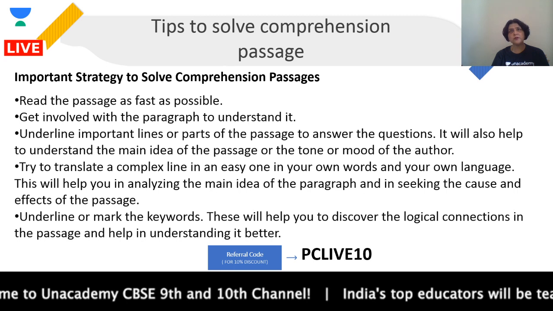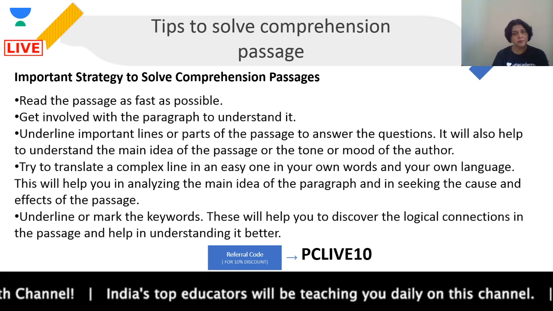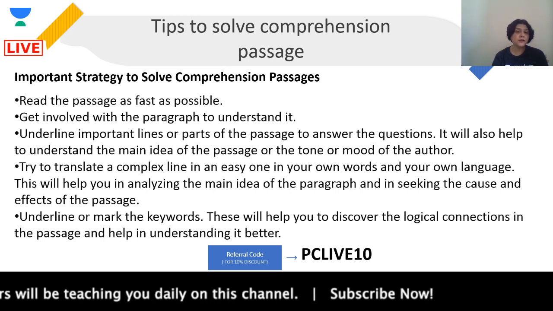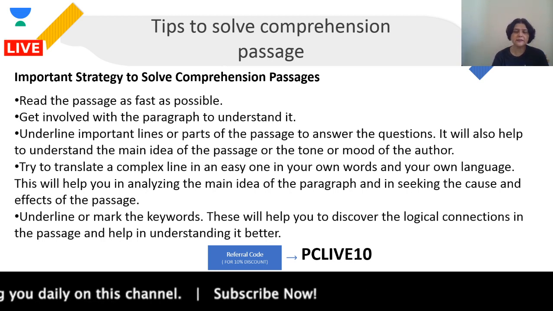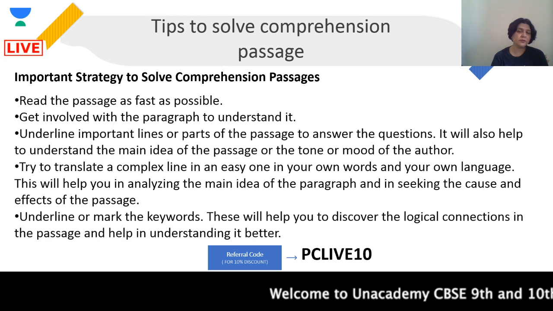And you will have to read it so thoroughly that you involve yourself completely in the passage and understand it, because understanding the passage is the first thing to answer the questions which have been given to you.